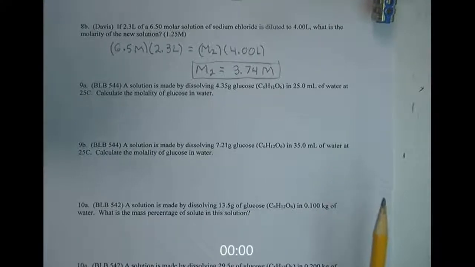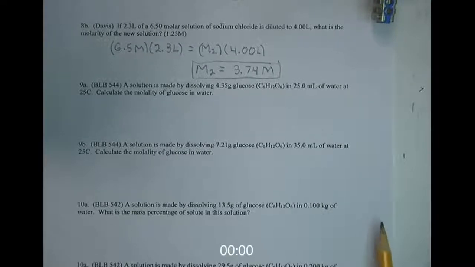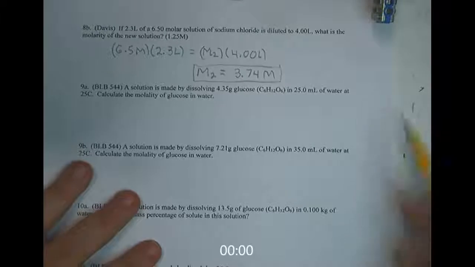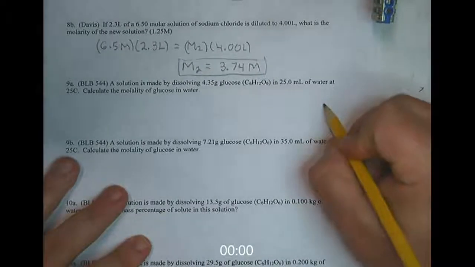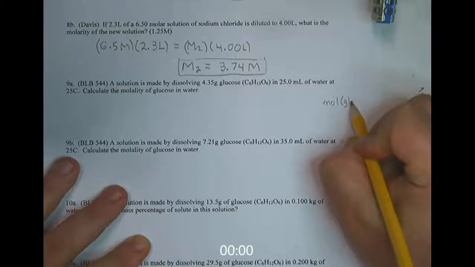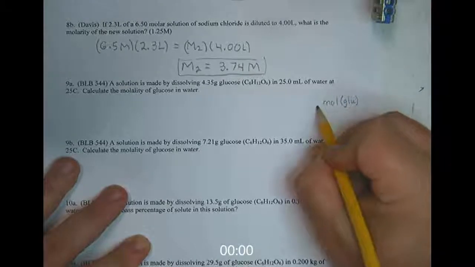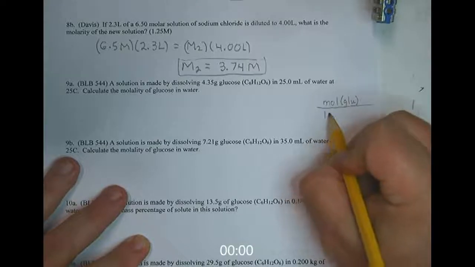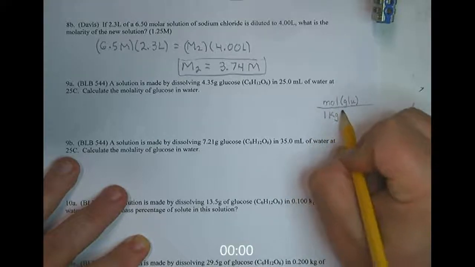We'll talk about why that would be significant later on. Calculate the molality of glucose in water. So here's what we're trying to shoot for. If it's molality, it's moles of glucose, which I'm going to abbreviate as GLU rather than writing that long formula every time, over kilogram of H2O.